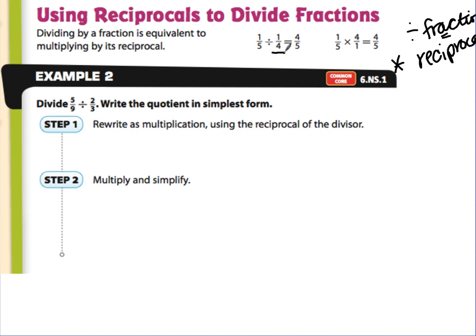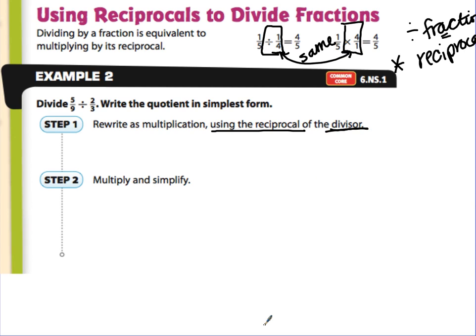If I'm going to divide by 1/4, this is the same as doing this. Because to be honest with you, when we're dividing with fractions, you don't want to mess with actually doing division. That's why we switch it to multiplication of the reciprocal, because we all like multiplication much better. So you have to remember to rewrite it as multiplication using the reciprocal of the divisor.